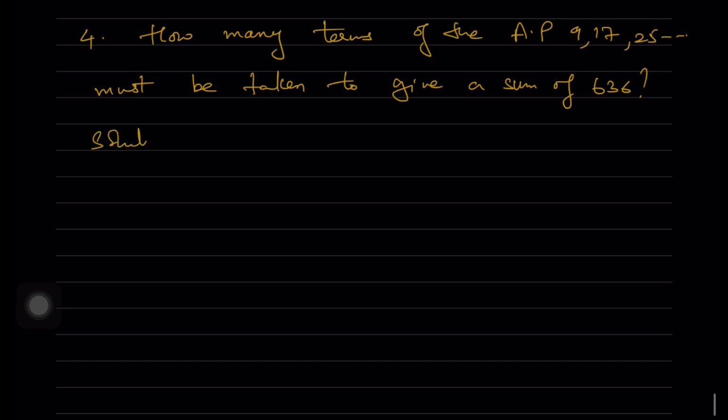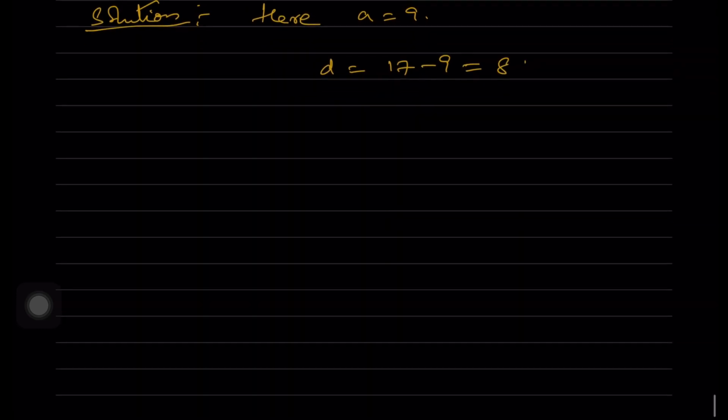So solution: a is equal to 9. d is equal to 17 minus 9, and Sn is equal to 636.